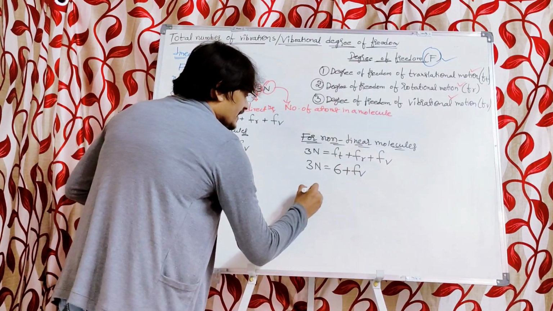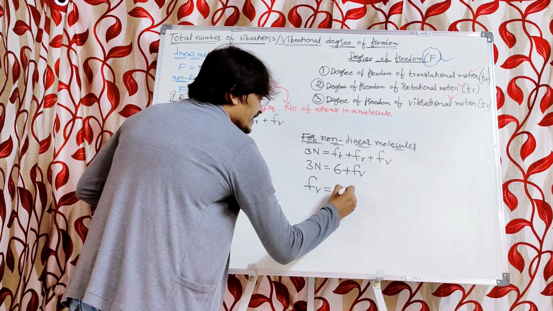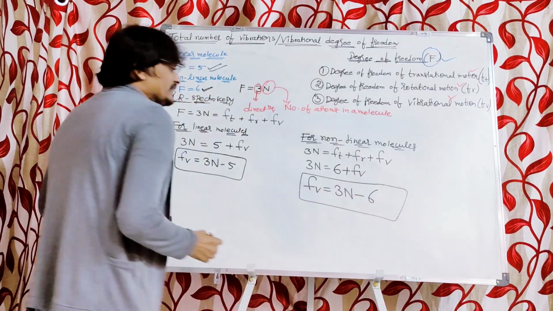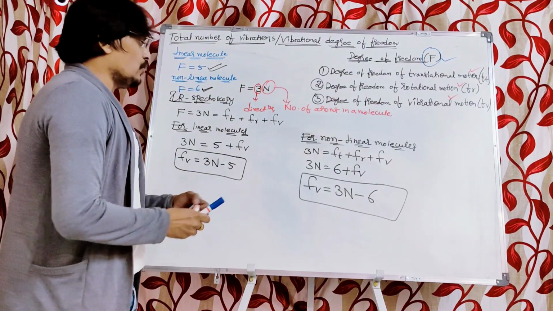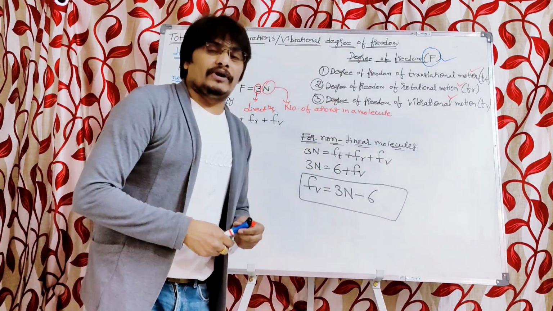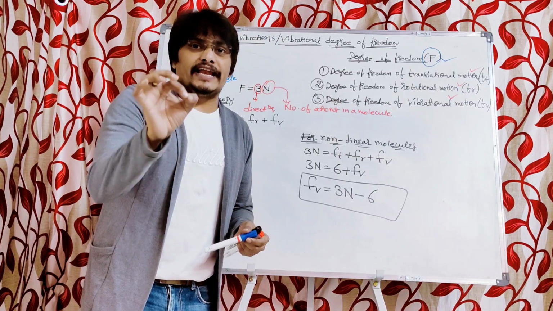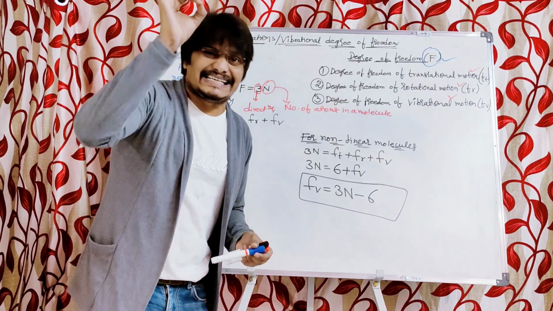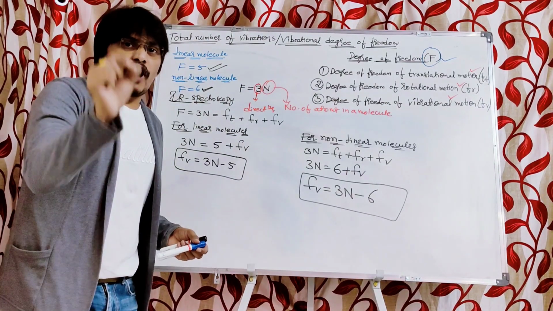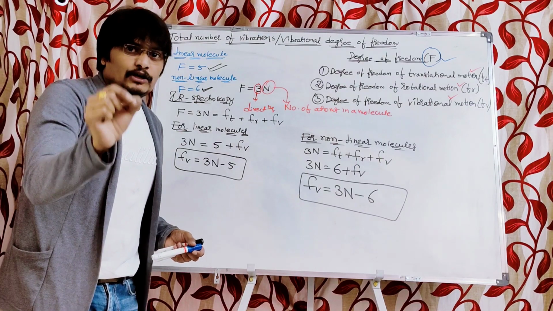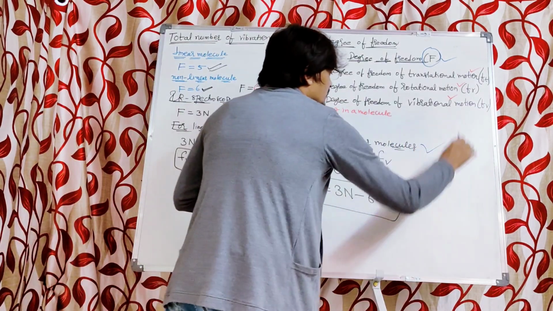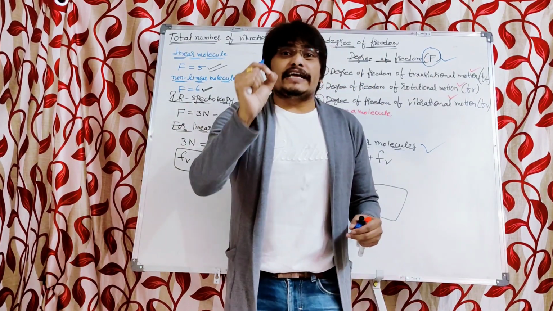What we want is Fv equals 3n minus 6. So this is the reason we follow the 3n minus 6 formula to calculate the total number of vibrations in non-linear molecules, and 3n minus 5 for linear molecules. So it is not a myth, students, it is a fact.